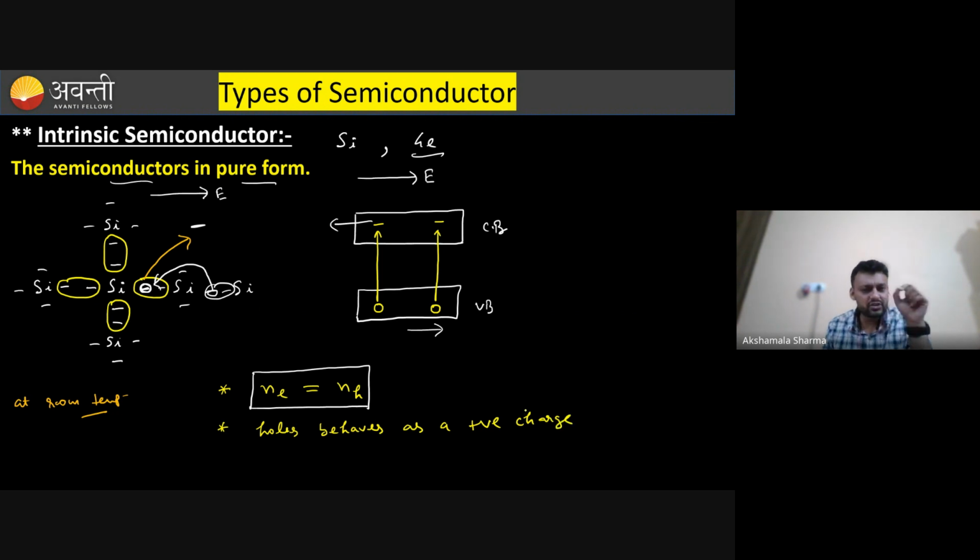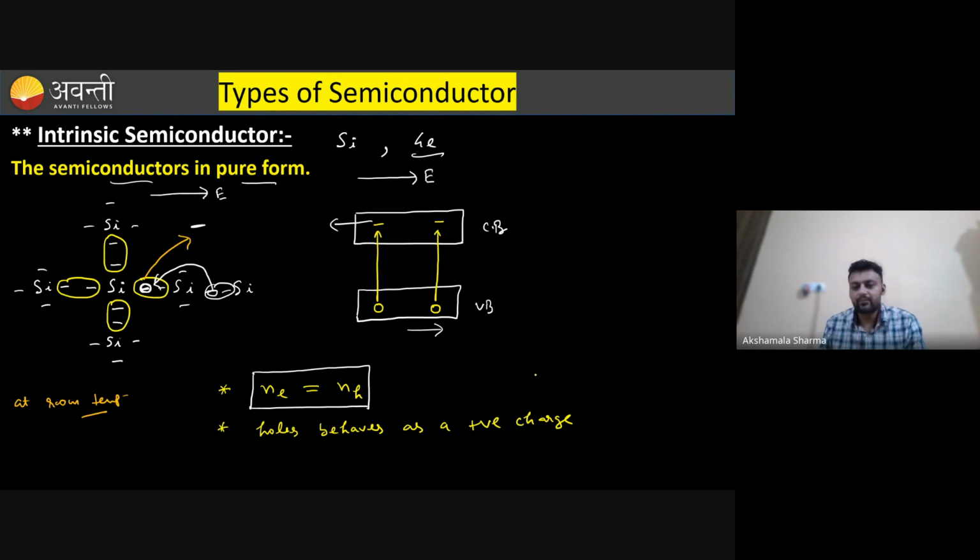Are they positively charged? No, they are not positively charged. They only behave as a positive charge. Clear? Okay. So I am writing down the punchlines. Holes behave as a positive charge.